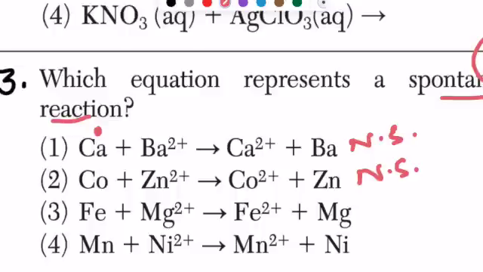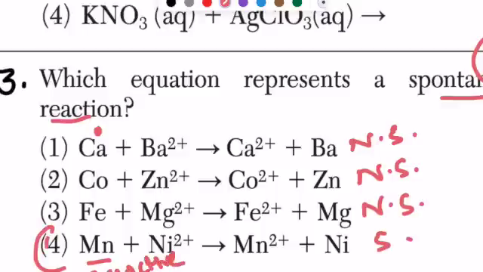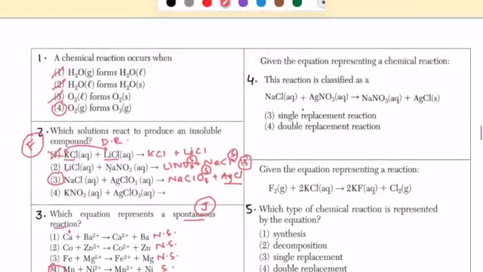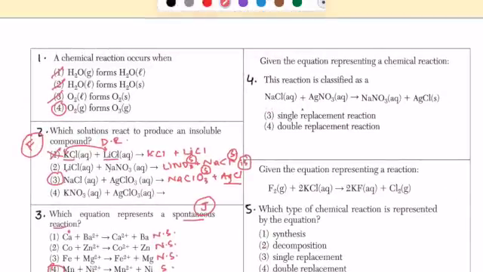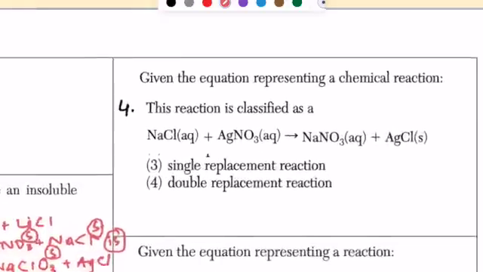Once again, magnesium is more active. So this is non-spontaneous. And when we compare manganese and nickel, in this case, manganese is more reactive. So this is the one that's going to be spontaneous, because that means manganese can lose electrons to nickel.